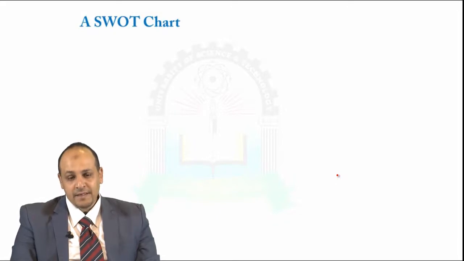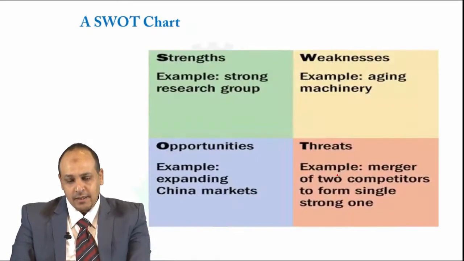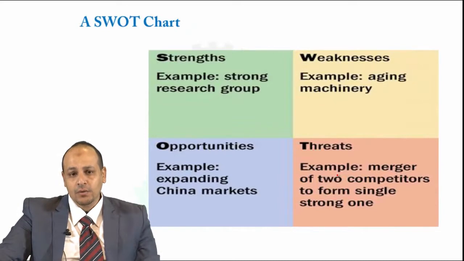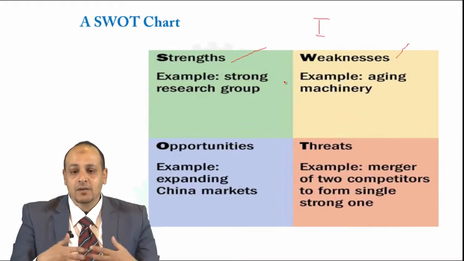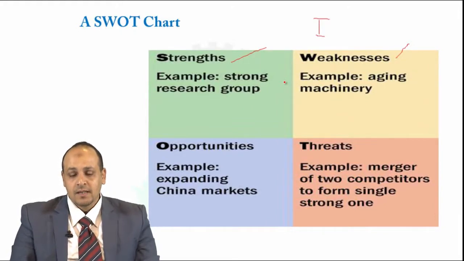So here's an example of what we mean by the analysis. We refer to it as a SWOT analysis or SWOT chart, as here. We have strengths and weaknesses. These are the internal factors. These are the things within the boundary of the business, something that the business itself can control.